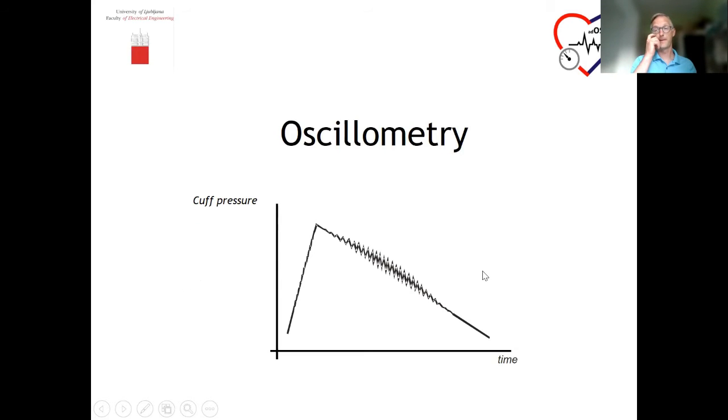If I show this picture again, oscillometry is dealing with the oscillometric pulses. And these pulses are the thing that simulators produce. Their output are these pulses, and this is then fed between the cuff and the device itself.